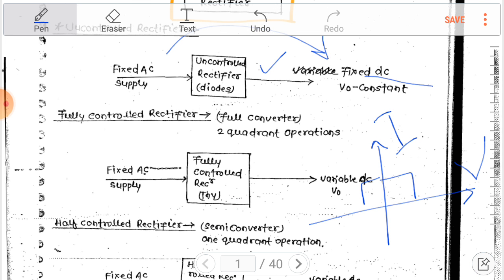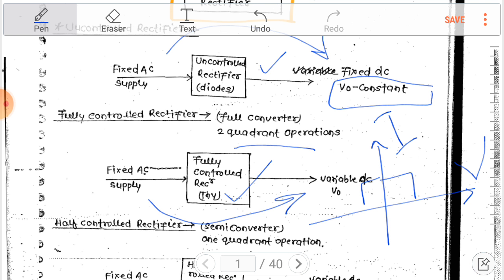Here constant voltage represents the average output voltage. A fully controlled rectifier has thyristors in place of diodes, and it can convert a fixed AC supply to a variable DC supply. We can vary the magnitude of the average and RMS value by varying alpha, the phase angle.